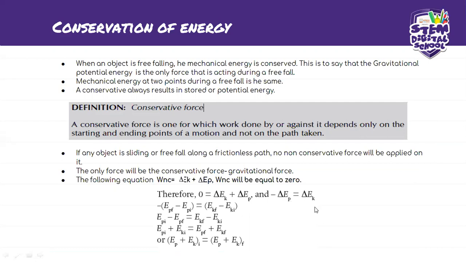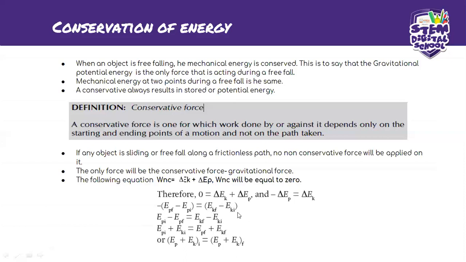So I'm trying to show you guys how this equation came about. So they equated to 0 and they put them on different sides, and so now we've got the potential energy final and initial, and on that side we've got kinetic energy final and kinetic energy initial.